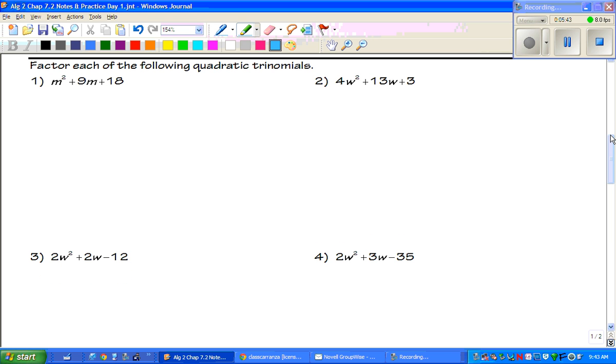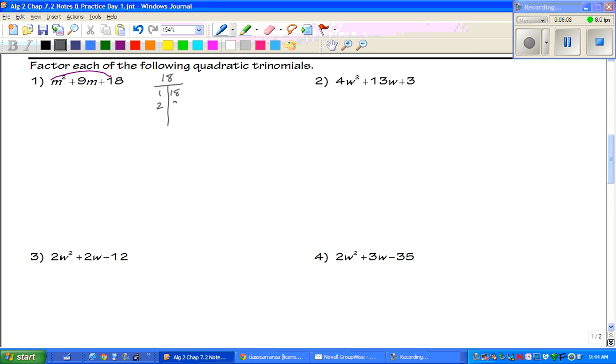Let's move down. So number 1, the directions say to factor each of the following quadratic trinomials. So for number 1, is there a GCF? No. So we're going to multiply 1 times 18, which is 18.